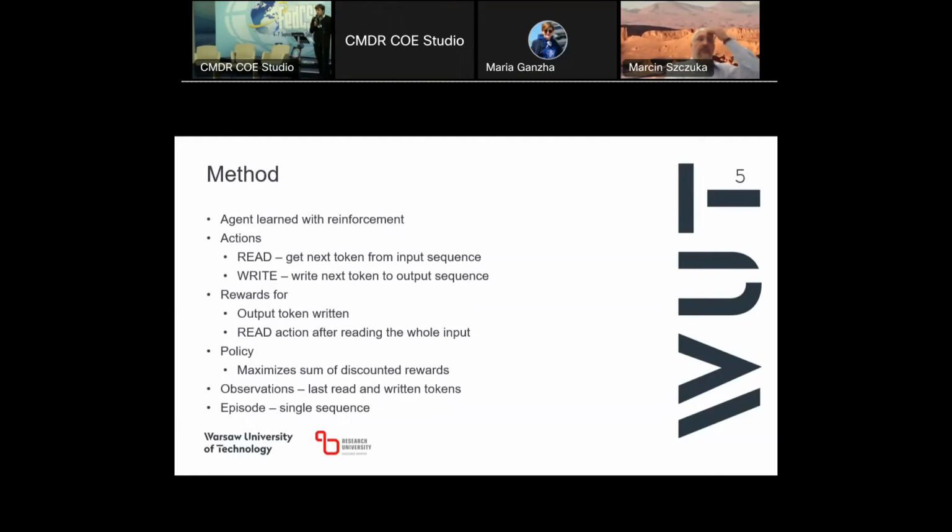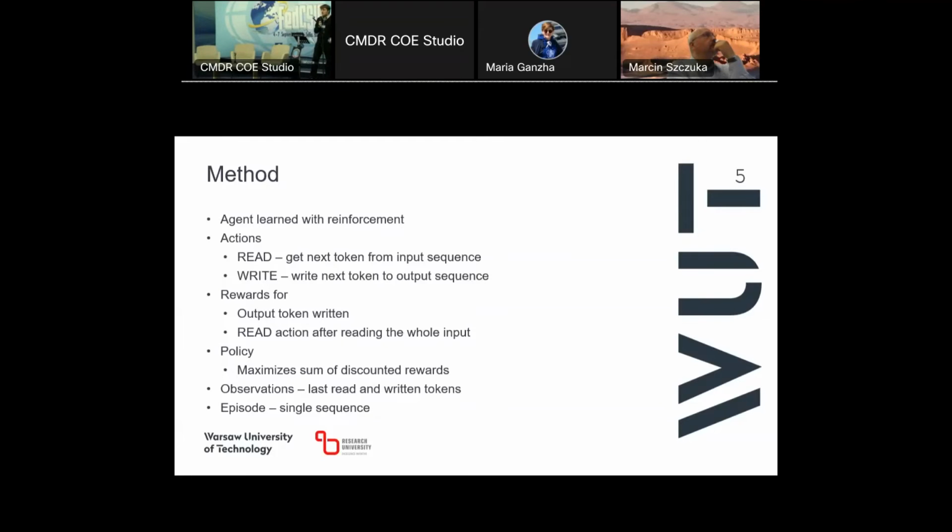The agent, during its operation, receives rewards, and these rewards are given for writing an output token. This reward is equal to the negative mistranslation loss, and the agent also gets a reward for taking the read action after reading the full input, after which it is penalized for doing so because it can't read anymore. So this is a very big negative reward.